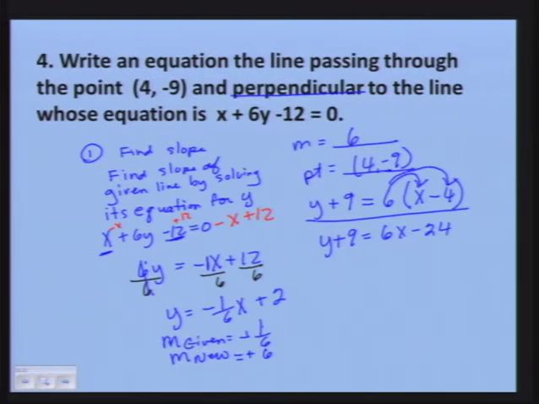And then we'll subtract 9 from both sides and get y equals 6x minus 33 when we have it in slope-intercept form. And it's easy to see that our slope, sure enough, is 6. And our y-intercept is negative 33. So that's interesting to know, but we weren't asked for that.